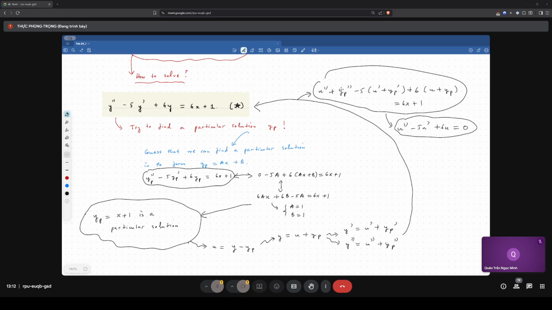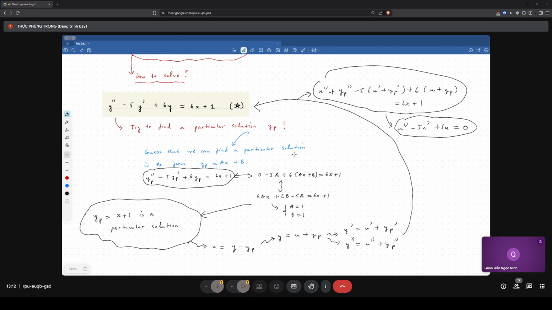Right? Because when you look at yp double prime minus 5yp prime plus 6yp, you get exactly 6s plus 1. So from here, you get this one.